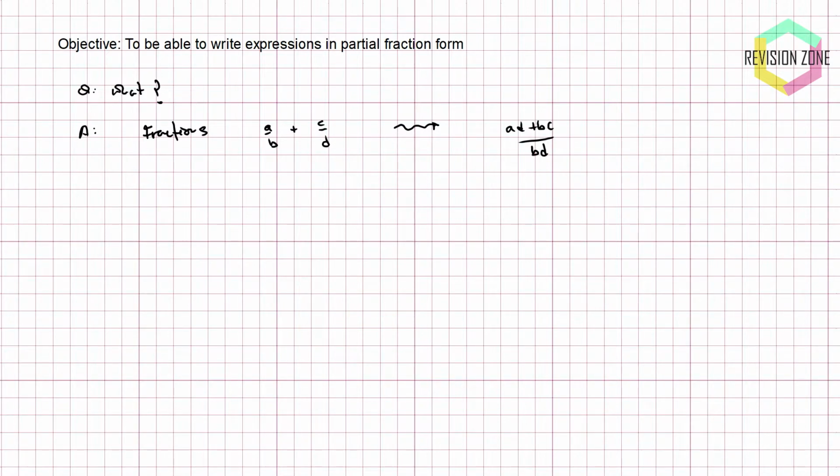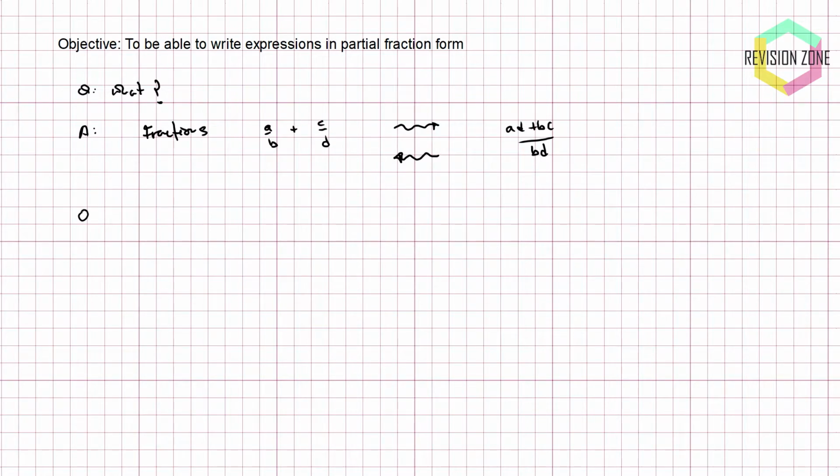The process of partial fractions is actually reversing this process. It's starting with something which looks more simplified, combined, and going back to getting the individual fractions that you would have had to add to get that upon combining them. Okay, so that's what it is.